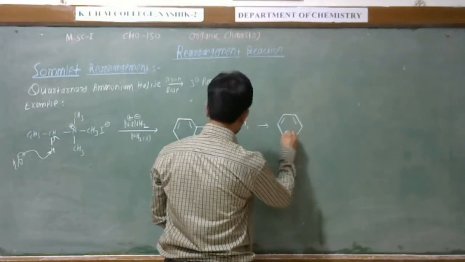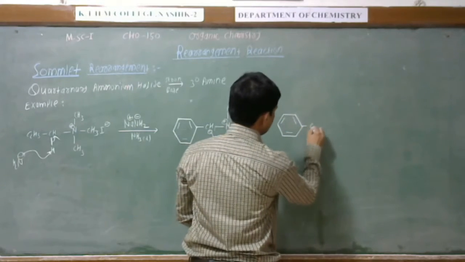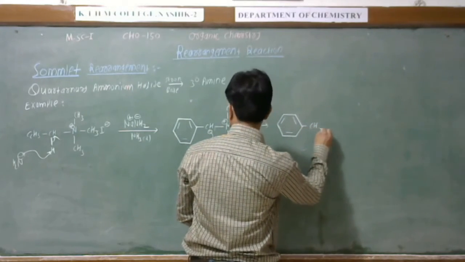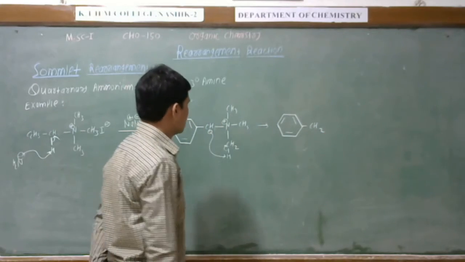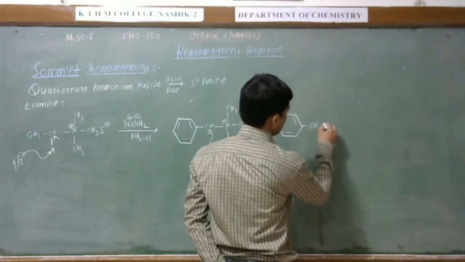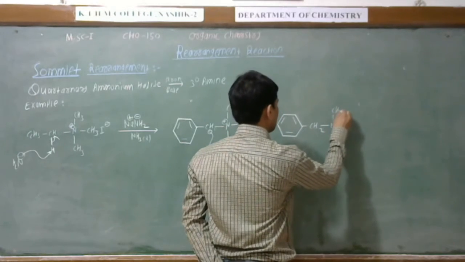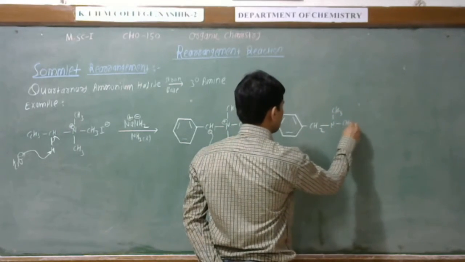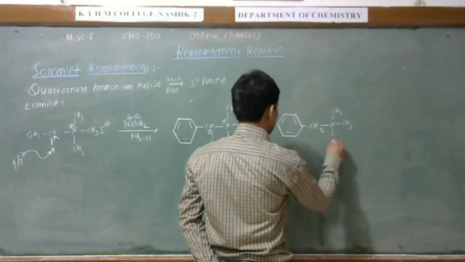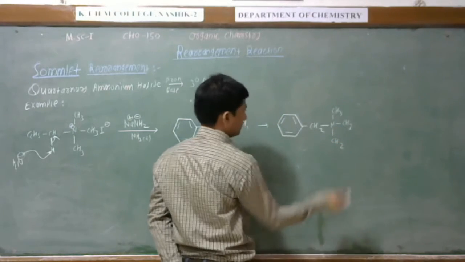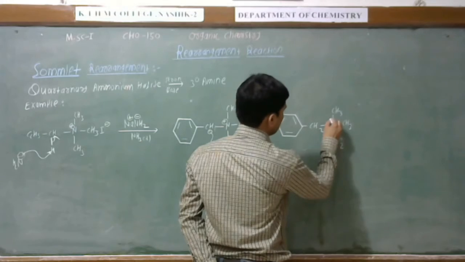This is a double bond, this is a double bond. This is the CH2, this is the CH2, and this is the nitrogen which has three alkyl groups. This is CH3, and this CH2 now has a negative charge.